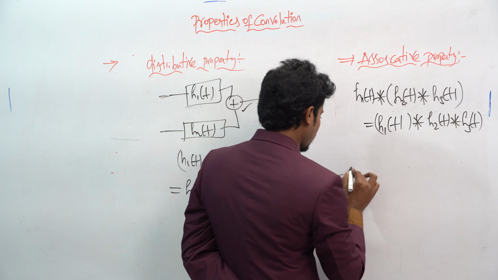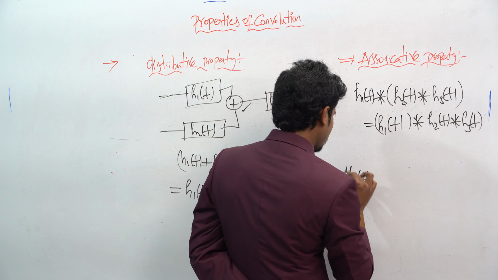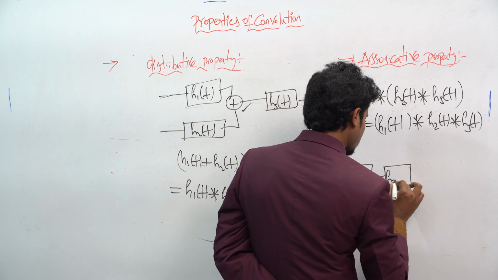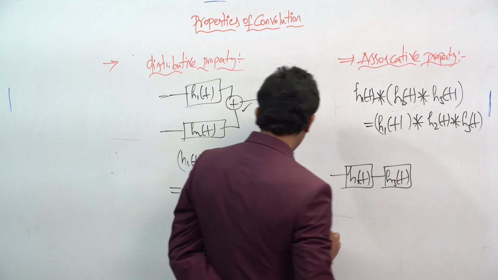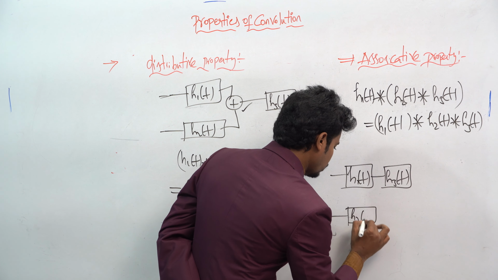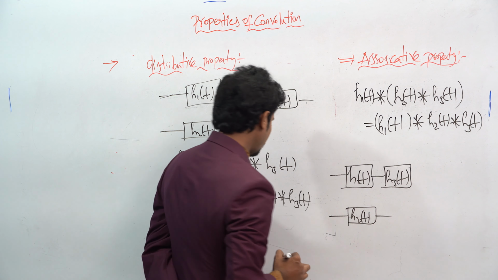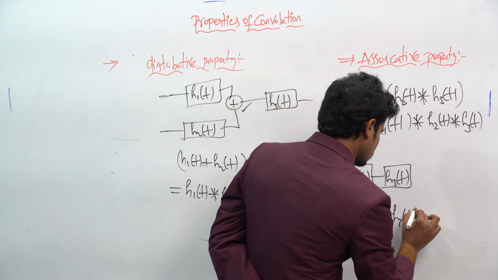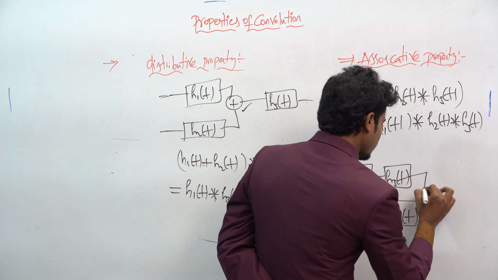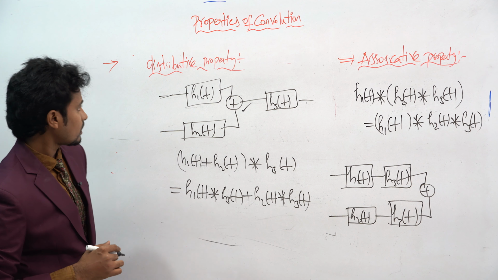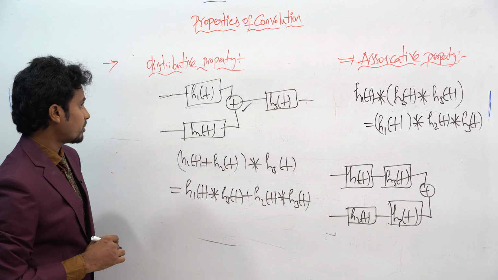That is the h1 of t convolved with h3 of t, and next here this is the h2 of t convolved with h3 of t. Finally we have made the summation. Okay, this was the distributive property.